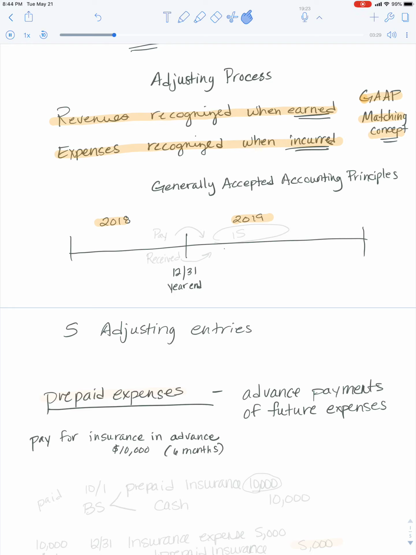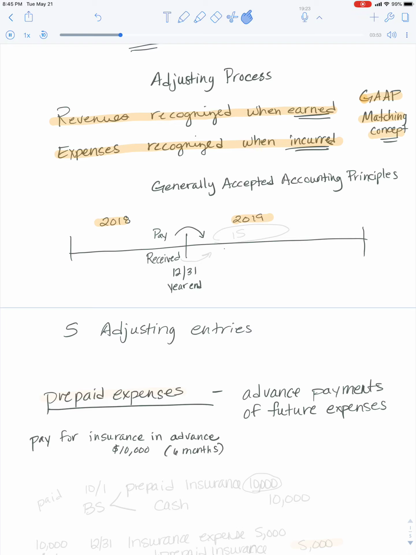The opposite can also be true. So let me take away my marks here. And we might actually pay for something in 2018 or receive the cash in 2018, but we don't actually incur the expense until 2019. So we don't get to recognize it on the income statement until 2019, even though we paid for it.